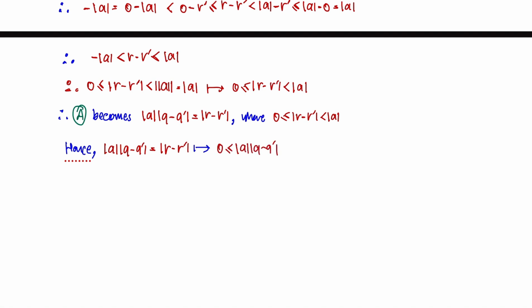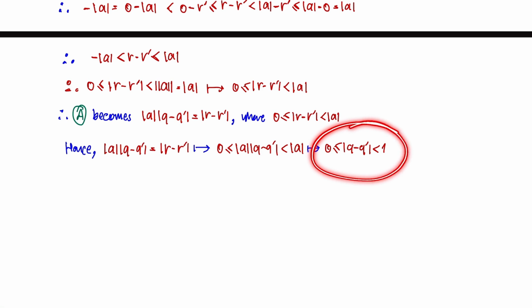So absolute value of A times absolute value of Q minus Q prime will be greater than or equal to 0, and it's less than absolute value of A. Dividing this inequality by absolute value of A, it turns out to be greater than or equal to 0 and less than 1.